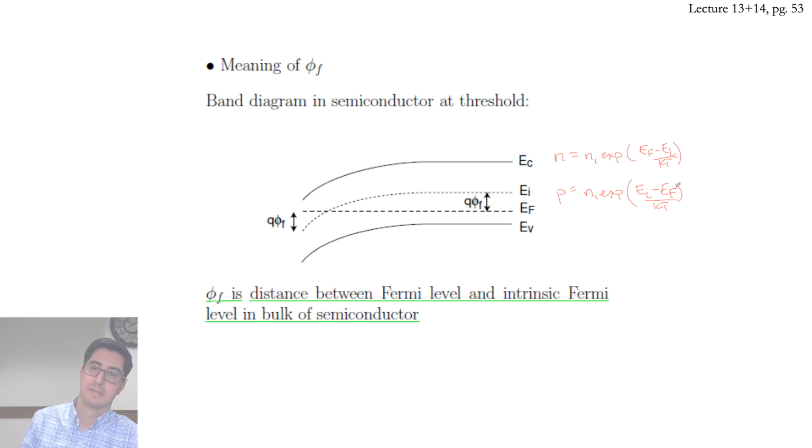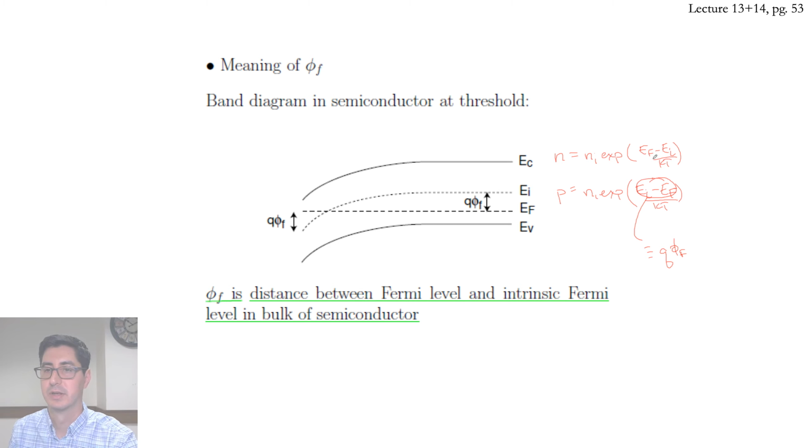So we're defining this quantity, we've defined that to be called Q phi F in the bulk. So we just see that, well, when does N at the surface equal P in the bulk?